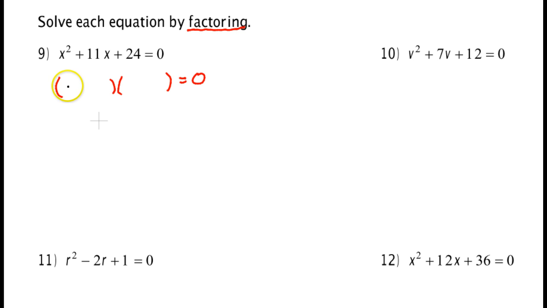What do you get? 8 and 3. Or 3 and 8, right? Just factoring.